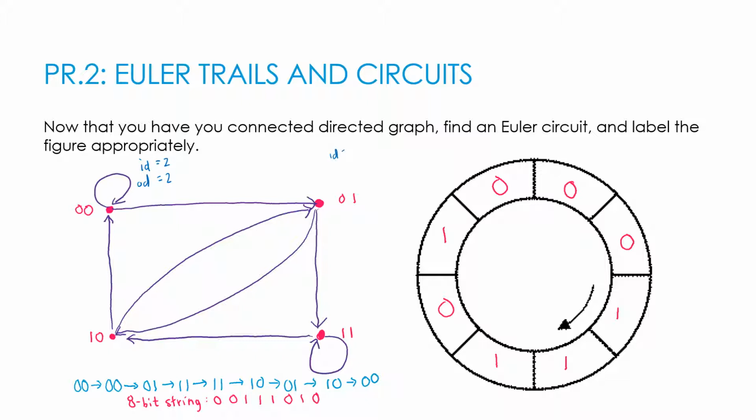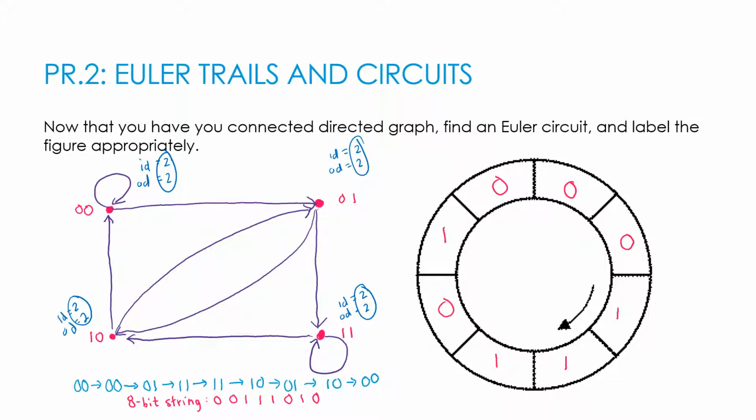Here the in degree is 2 and the out degree is 2. Here the in degree is 2, the out degree is 2, and here the in degree is 2 and the out degree is 2. So it doesn't matter that they're all 2's, it matters that these two match up, these two match up, these two match up, and these two match up. Because that is true, we know, based on Euler's work, that yes, I can find an Euler circuit.